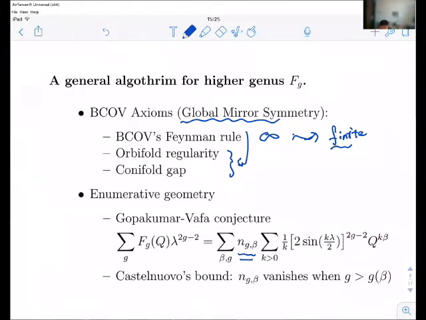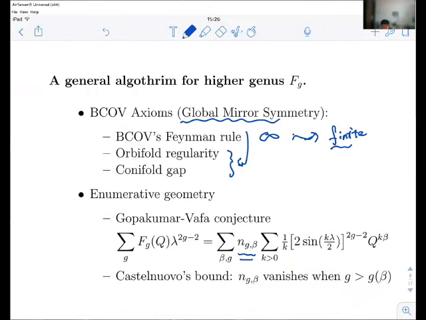This is a generalization of a well-known fact. For example, for degree d curves in the complex plane, by Riemann-Roch, when the curve is smooth, the genus will be (d minus 1) times (d minus 2) over 2.